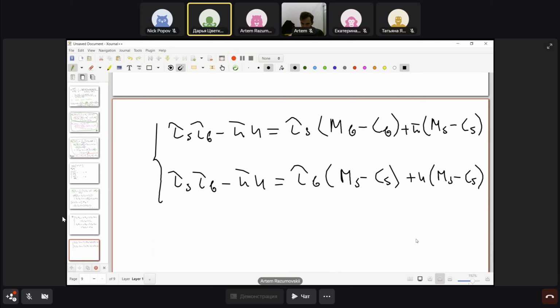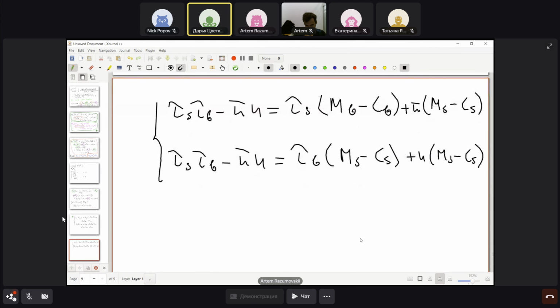I think if you just divide by tau s and then move everything to the right side except MB, then it should be fine. It will already be the system of equations that was in the lecture.